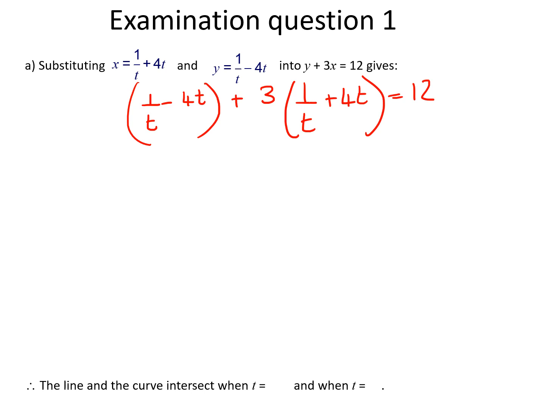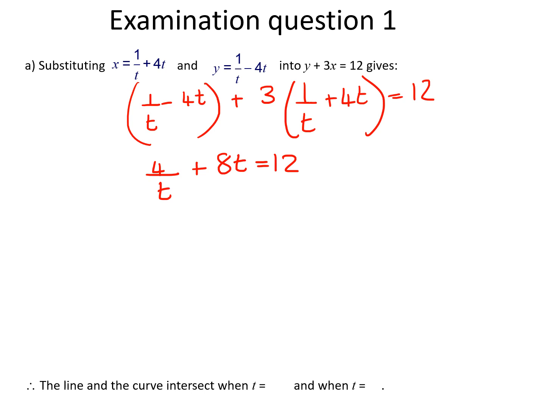Grab the t's together. We've got 3 and we've got 1, so that's 4 of the 1 over t. We've got minus 4t and we've got plus 12t, so that's plus 8t, isn't it? That's 12.